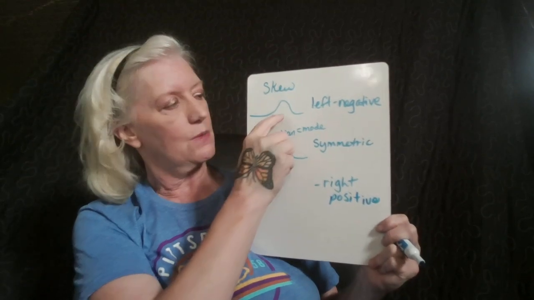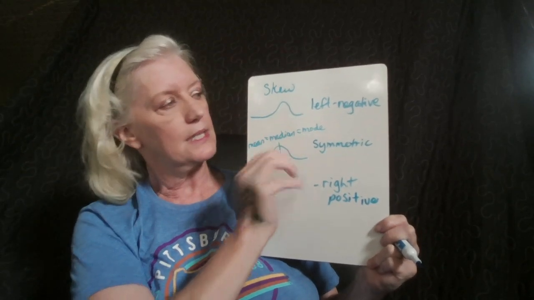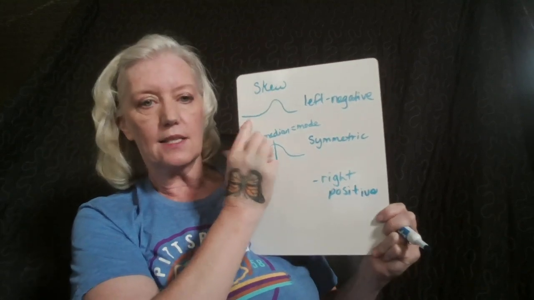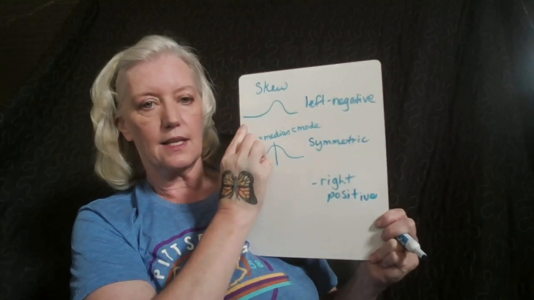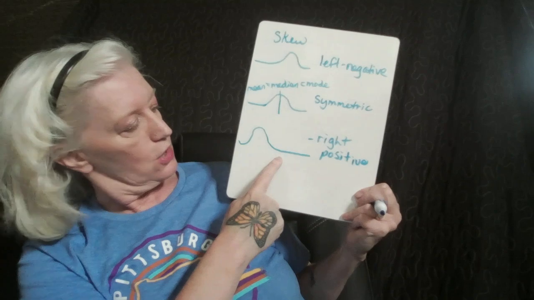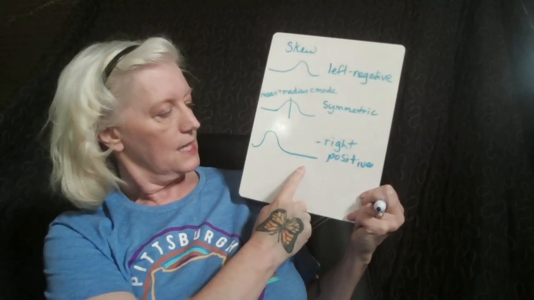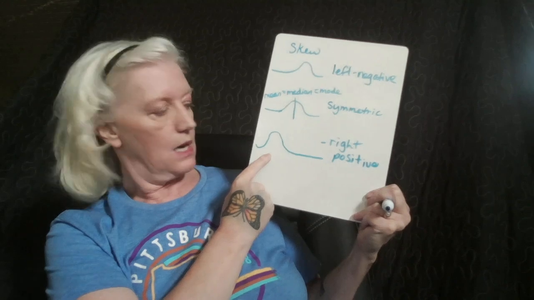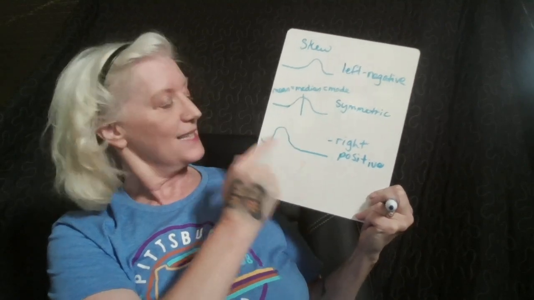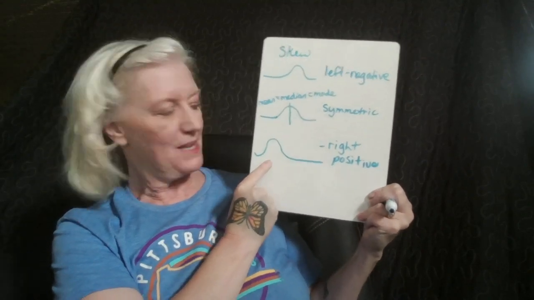A lot of people want to think where the bump is the skew, but it's not. It's where the tail is. This tail is longer than this tail, so this tail is left skewed. And I meant to draw it so this one is right skewed. There you go. The right skewed is positive skewed. That means that the tail is on the right and the bump is on the left. Sorry, I'm getting that mixed up.